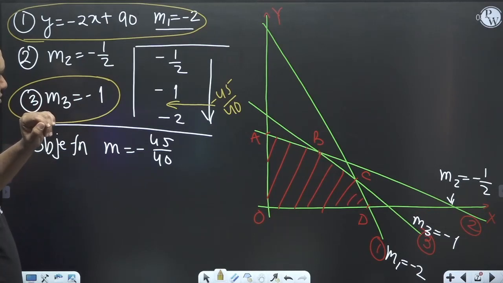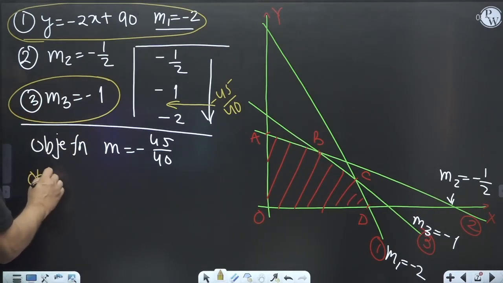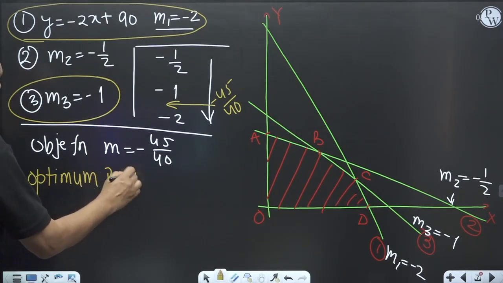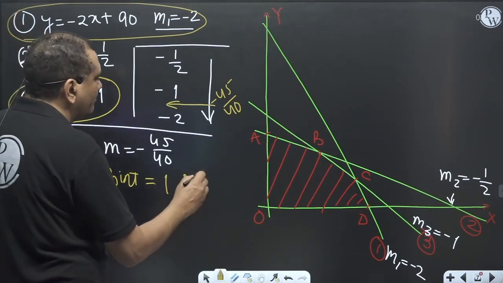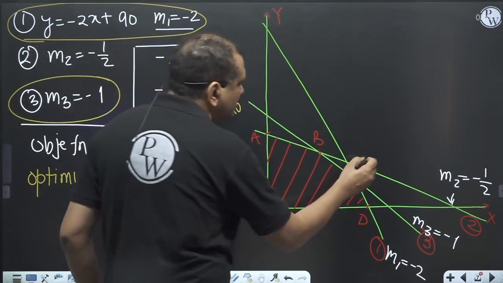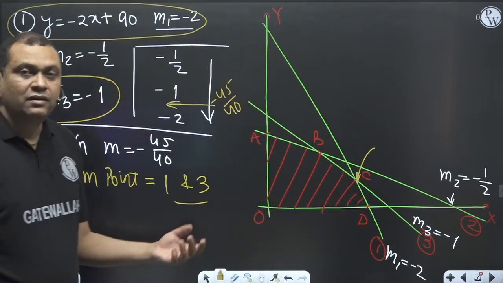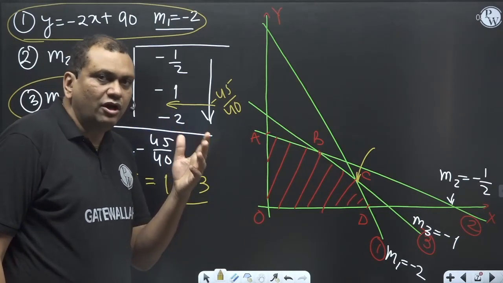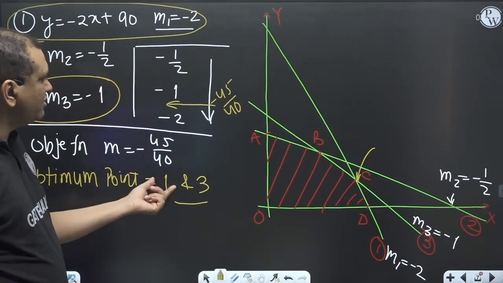So the optimum point will be the intersection of constraint 1 and 3. That is point C. The optimum value will be at the intersection of constraints 1 and 3.